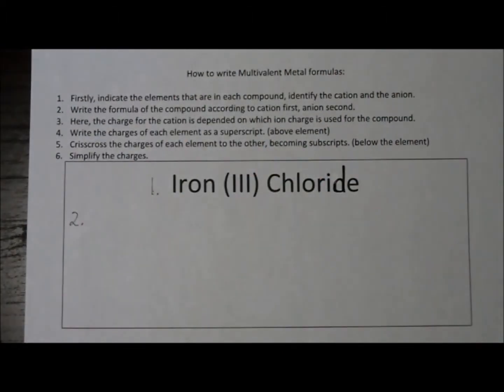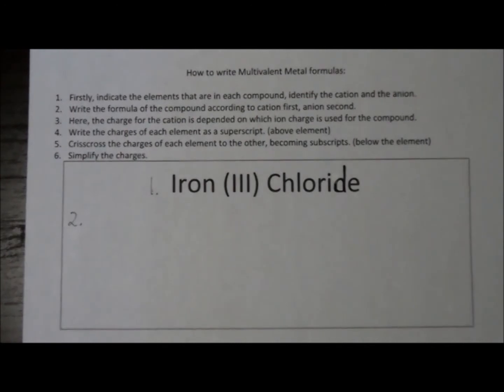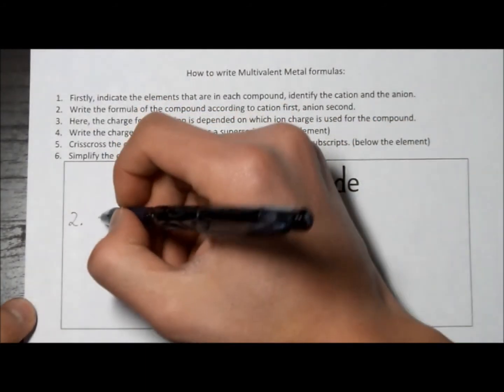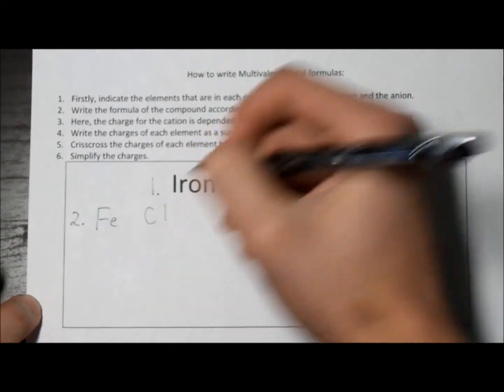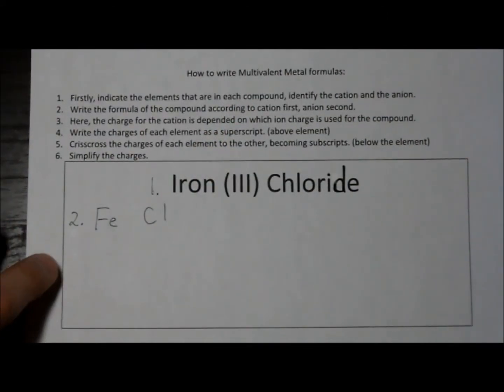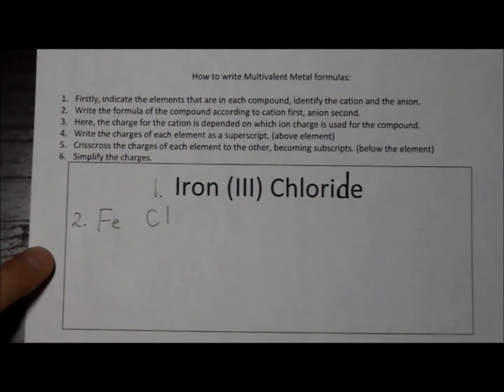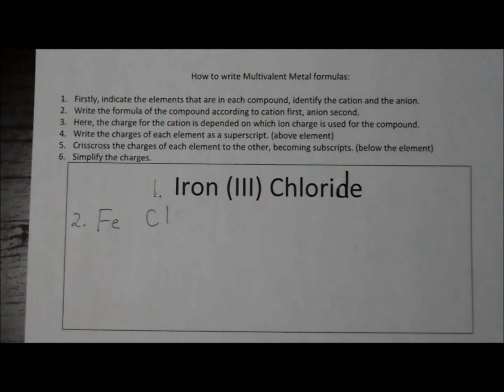Second step is to write the formula of the compound according to cation first and anion second, similarly to the ionic compound. So we're going to write the element symbol of iron and chlorine. Iron, which is Fe, and chlorine, which is Cl. The next step is, because iron is a multivalent metal, it has more than one charge.